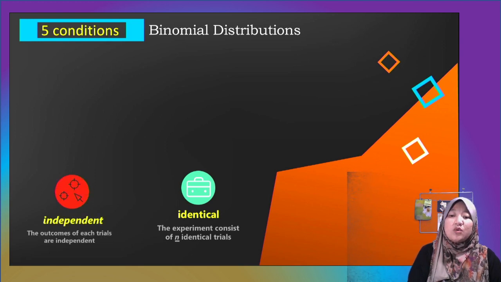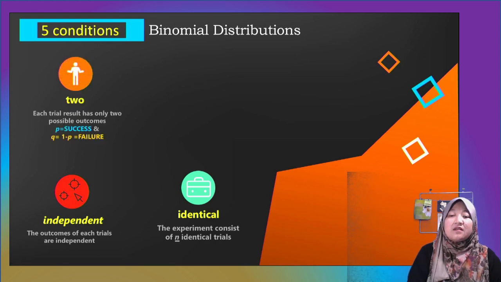Independent means the outcome of each trial is independent. Next, each trial result for binomial distribution has 2 possible outcomes. We have success event and failure event.